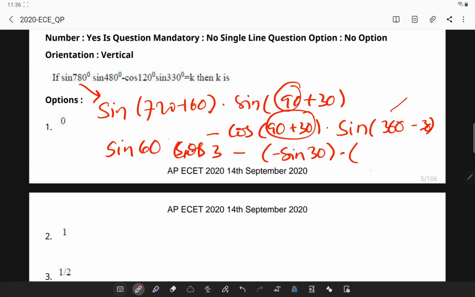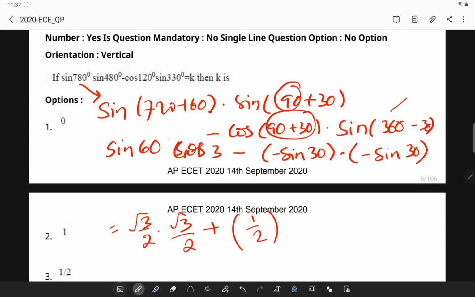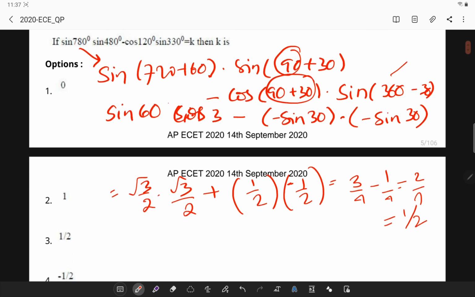Also sine of (360 minus theta) is minus sine theta, or minus sine 30. So I will be left with root 3 by 2 into root 3 by 2 plus 1 by 2 into 1 by 2. However, here you have another minus, so it is 3 by 4 minus 1 by 4, or 2 by 4, or the value is 1 by 2.